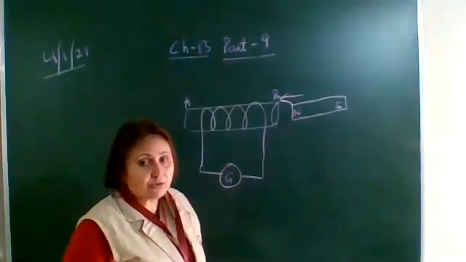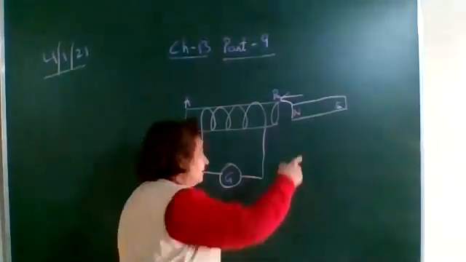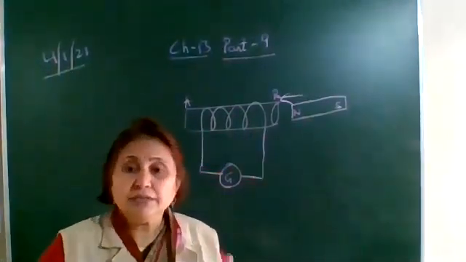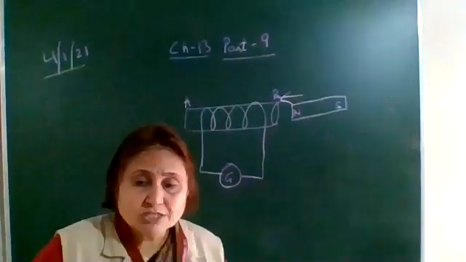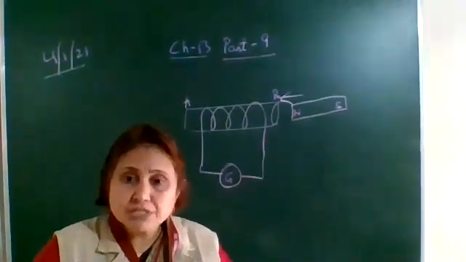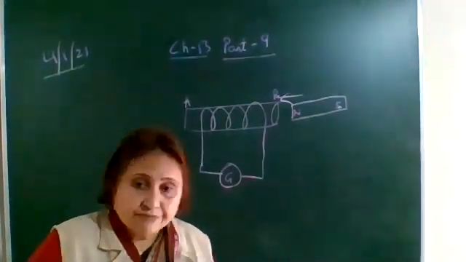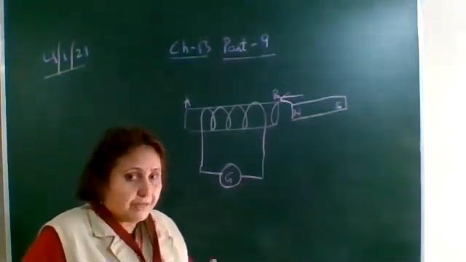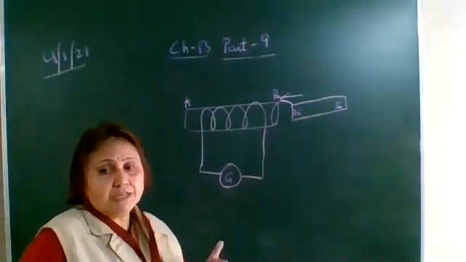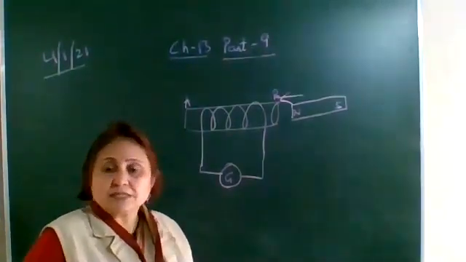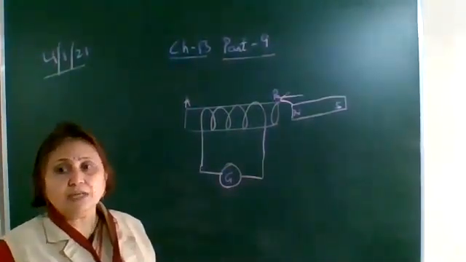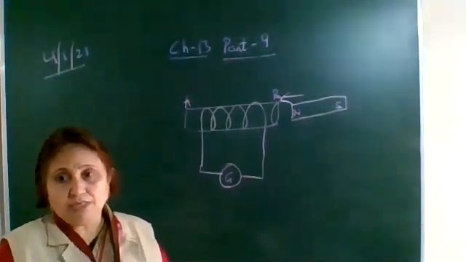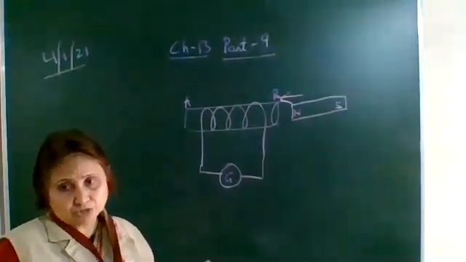So what do you conclude from this activity? Whenever the magnet is moved in or out of the coil, only then is the current produced in the coil, which can be detected by the deflection in the galvanometer. This current is induced in the coil due to the motion of the magnet.